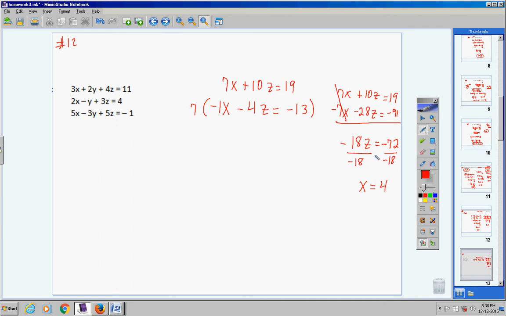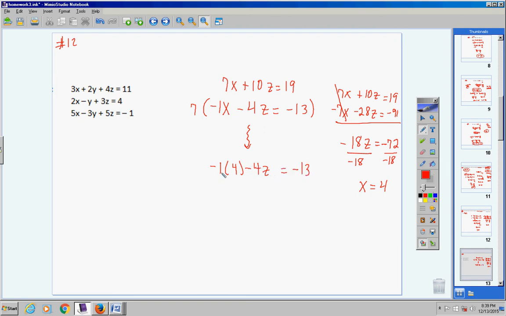So now the rest is pretty much very simple to do. You're going to pick up this 4 and put it in for z. Here, or here, or here, or here. It doesn't matter. I'm going to do it here because I have space to work. So here's my x. So negative 1 from right here. Then for z, I'm going to put a 4. Then negative 4z equals negative 13.